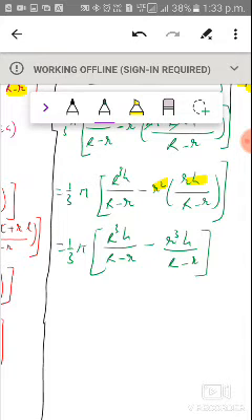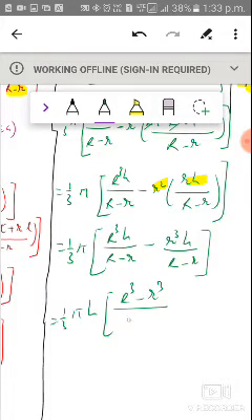So this is 1 by 3 pi h, taking h common, so you will have (R cube minus r cube) by (R minus r).